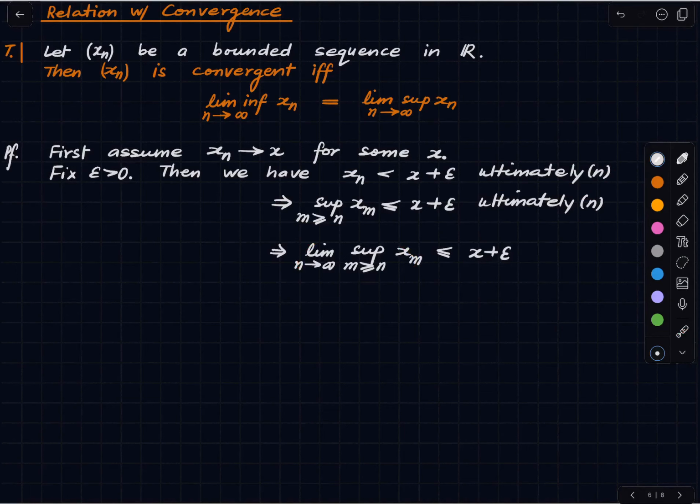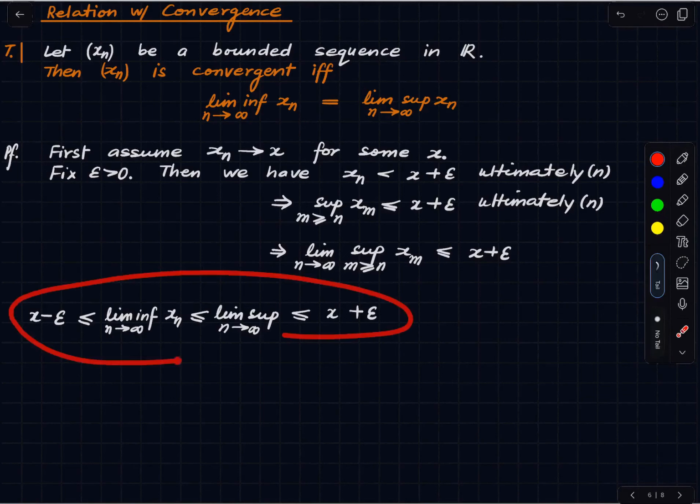Similarly, let me record what we have shown so far: the limit superior is here, and this is always there. The limit inferior is always dominated by the limit superior, which by the same kind of reasoning gives us this.